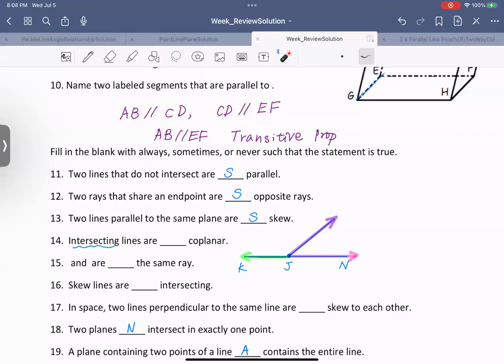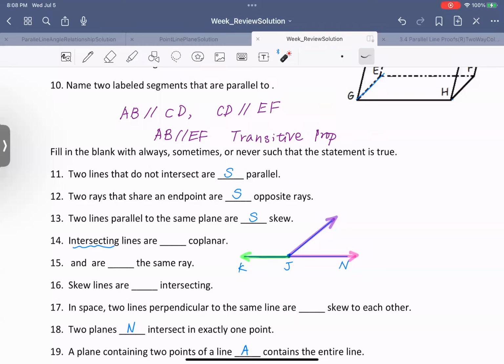Number 17. In space, two lines perpendicular to the same line are sometimes, never, always? Two lines perpendicular to the same line. Do your finger game.